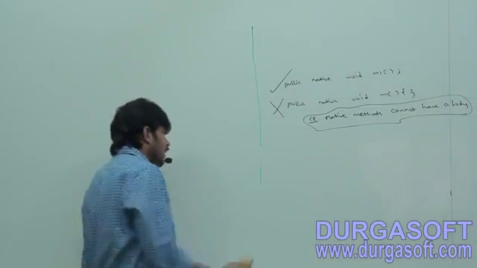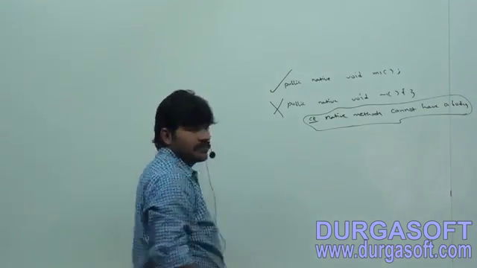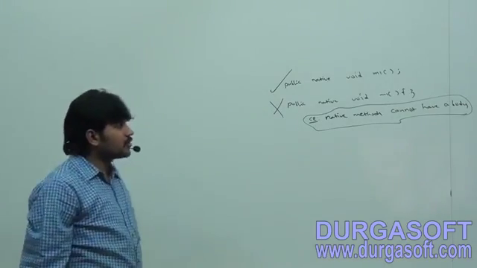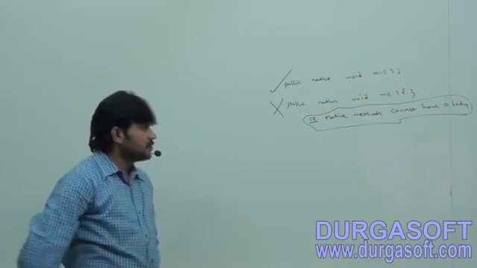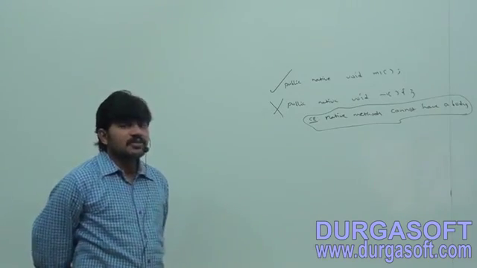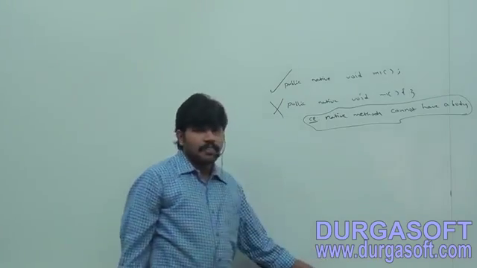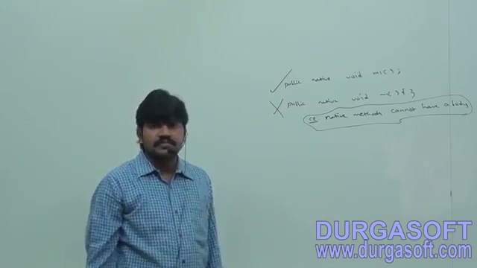The second one is invalid, because for native methods we are not responsible to provide a body. Native methods cannot have a body. I hope you are clearly aware, right?